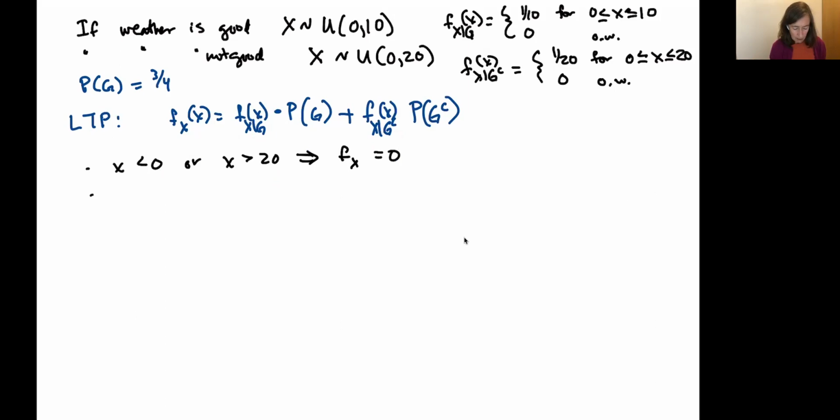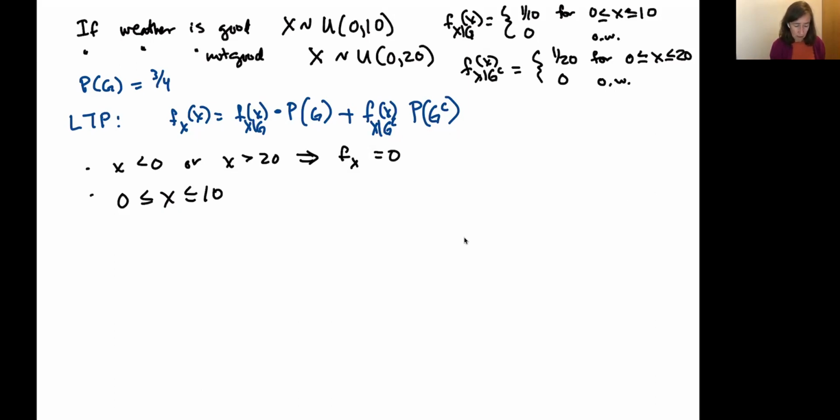What's another case? Okay, we could be in the case of X between 0 and 10, and this is also relatively straightforward. We're just going to plug numbers into the law of total probability formula here.